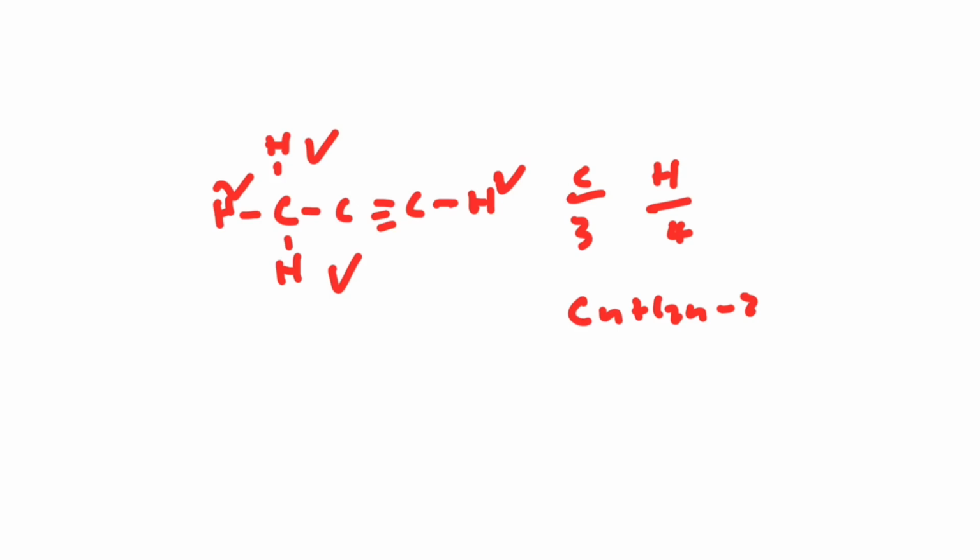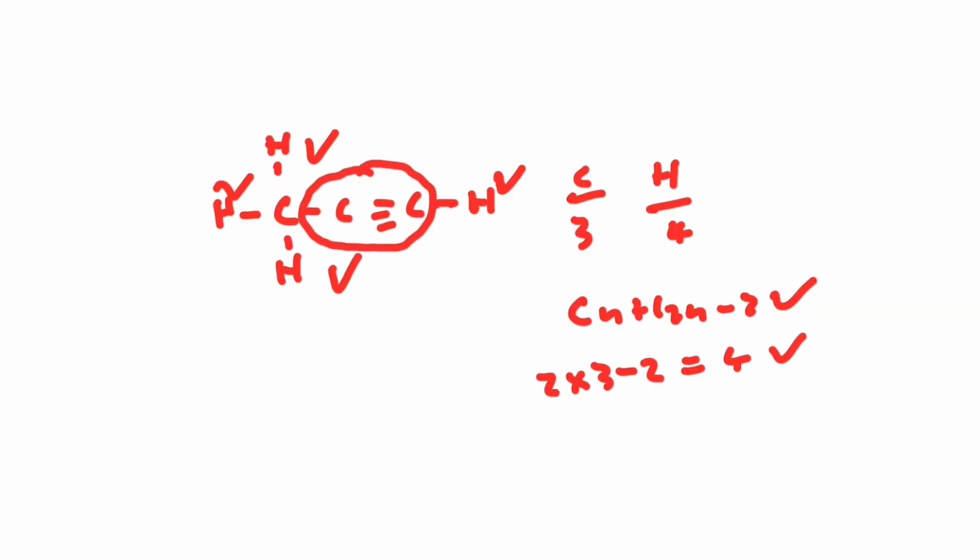Okay, let's go ahead and find out. 2 multiplied by 3 is 6, minus 2 is equal to 4. So indeed, the general formula for alkynes is CnH2n-2, as you can clearly see. This is the general formula, and this is the functional group. That is the structure of the functional group.